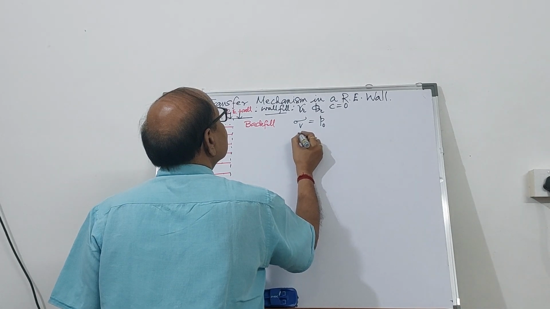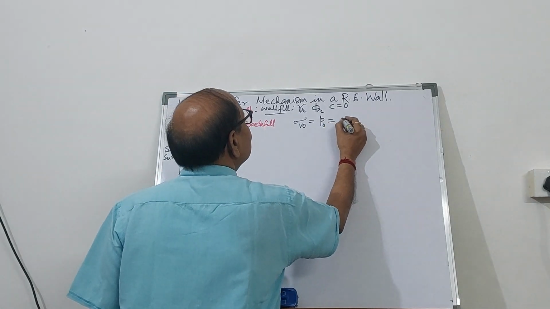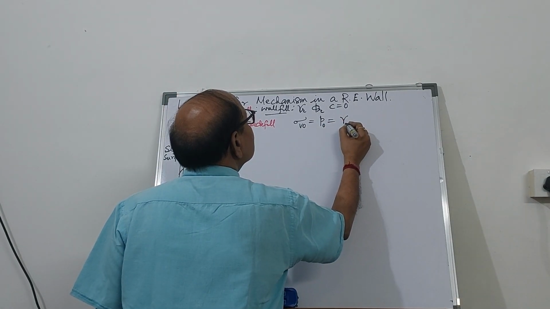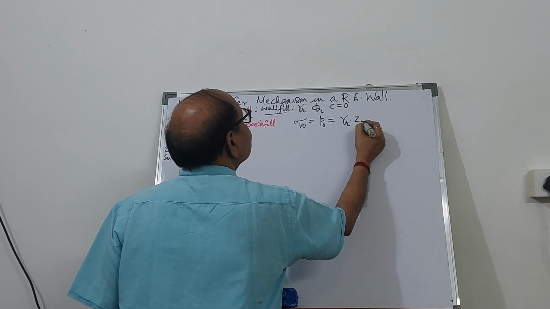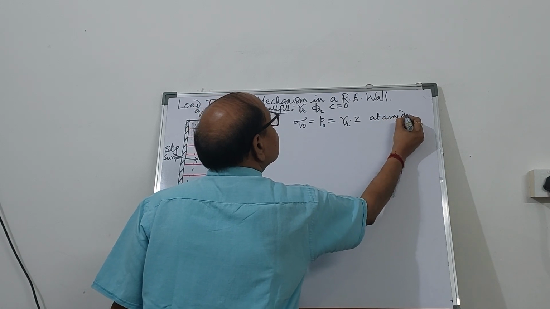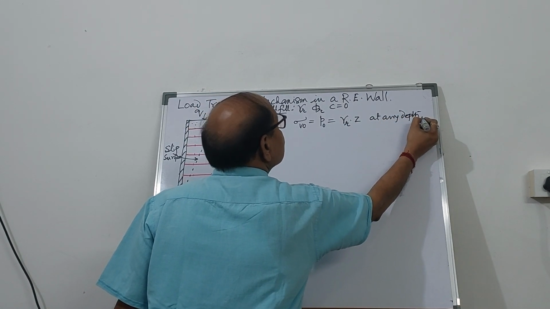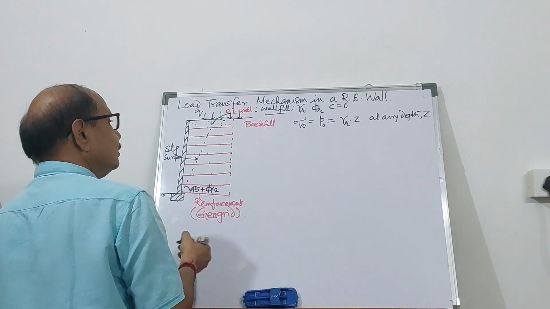Then this is due to overburden. This will be equal to gamma r into z at any depth z, isn't it? The vertical pressure.